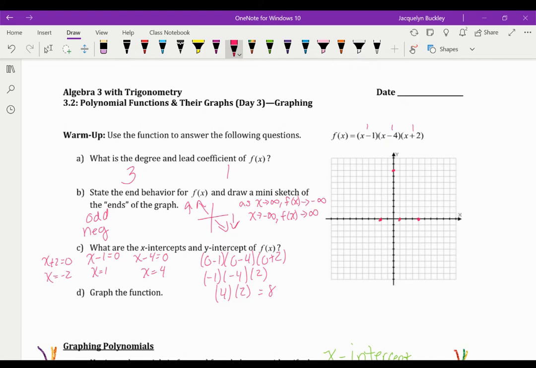I know that this is a negative odd function, so it's going to come from this direction. Oops, let's fix that. Well, this is odd. Let me graph this really quick, because this doesn't look right.